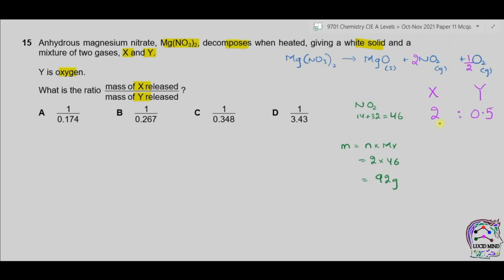So X is 92 grams. Similarly for Y, mass in grams is equal to number of moles times Mr. Number of moles is 0.5. Mr of oxygen gas is 32. So it comes equal to 16 grams.